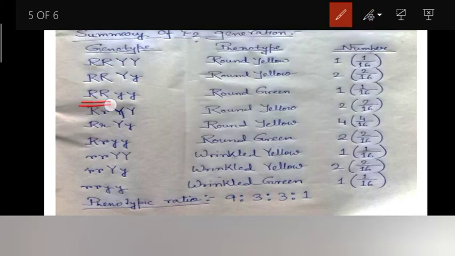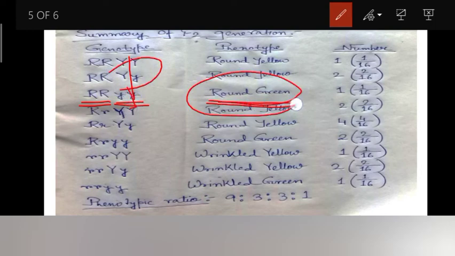This is capital R and small y. It gives round green, but in the P generation there is no round green characteristic. So this one is a new formation from the previous generation.